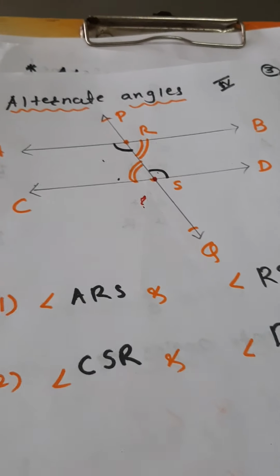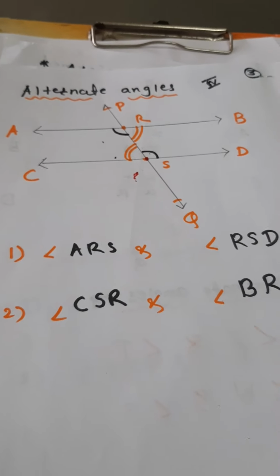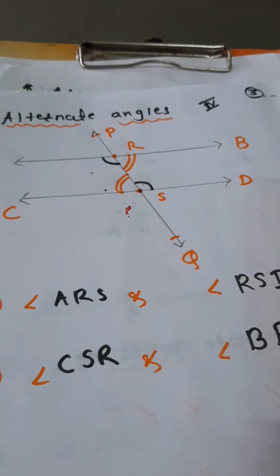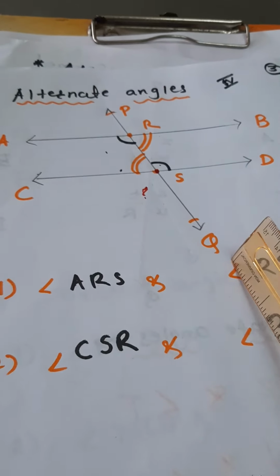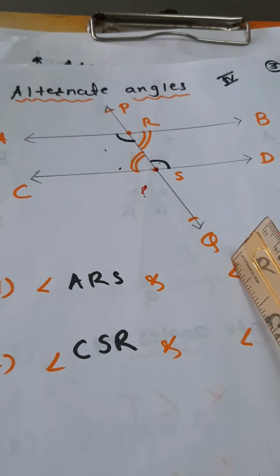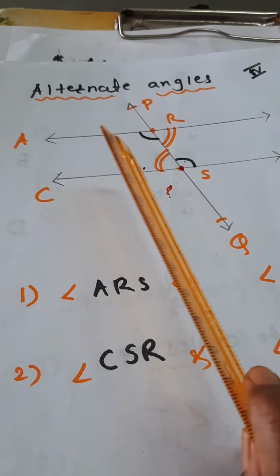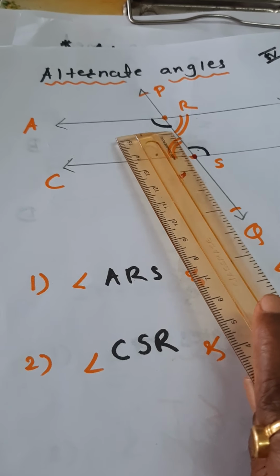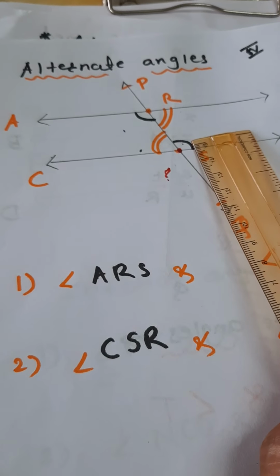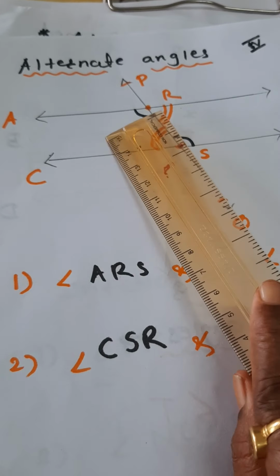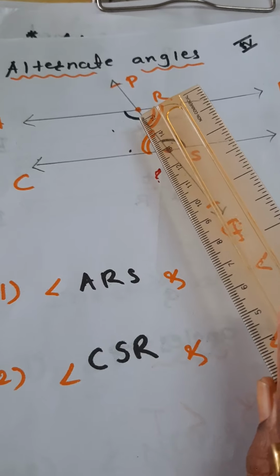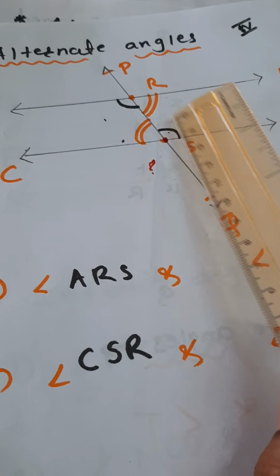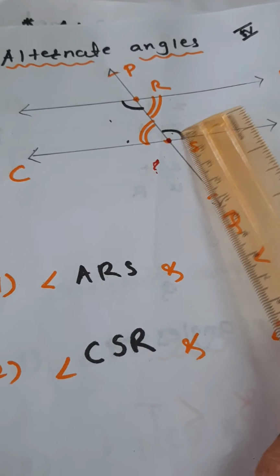Once again we see here with the help of 3 letters. See here AB and CD are parallel lines, PQ is their transversal. Now how to write name of alternate angle by using 3 letters? See this angle and this, they are alternate, opposite to each other. One present at one side of the transversal and one is the opposite side of the transversal.